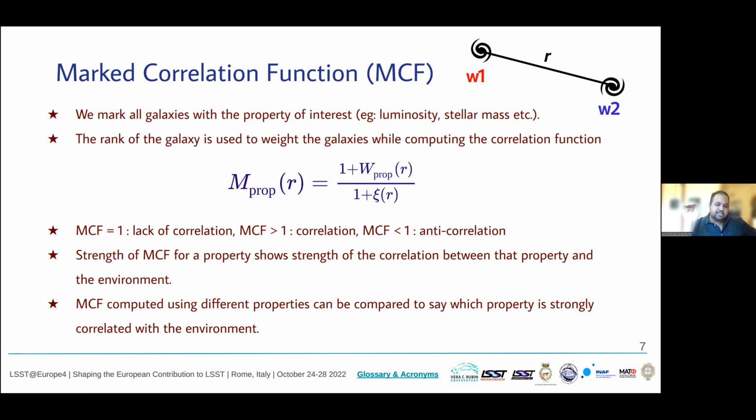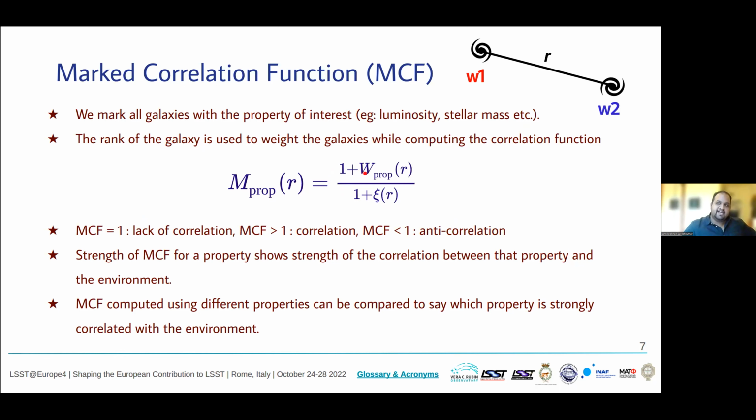It is a function just like the two-point correlation function, a function of the separation. At the same time, it is defined for a given property. To study the environmental dependence of a property, we can use the rank of that galaxy for that property as a weight to compute a weighted correlation function.